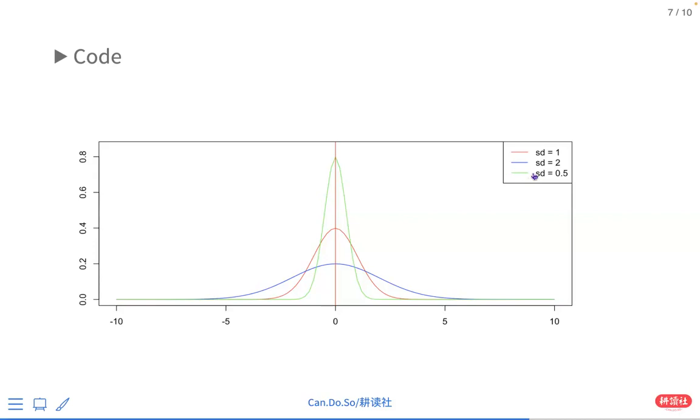And if the standard deviation is bigger, then the curve will be shorter and wider. So see the difference with different standard deviations. Standard deviation tells us how far away the data is from the center.